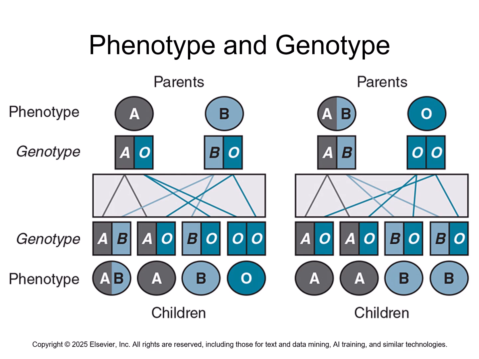Half of the children would inherit the A from the AB parent, and the other half would inherit the B. So statistically, 50% of the children would be type A, and 50% of the children would be type B.